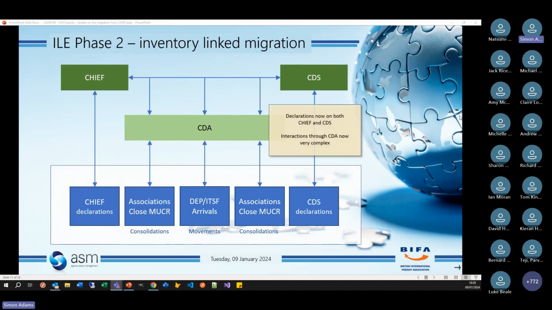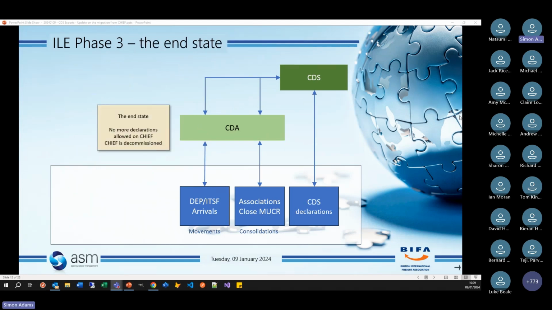So phase 3, which will happen once all the declarations are going to CDS, is not far away. It's the end state of where systems are getting to, where customs obviously want to get to. It's where all export declarations are on CDS.